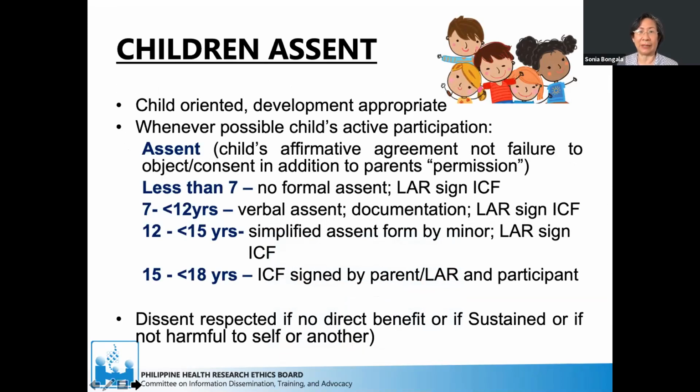If less than 7, hindi na formal assent. Yun na lang parents or LAR ang pwedeng mag-sign. Pero less than 7, pag ayaw ng bata, halimbawa, lalo na pag may injection, ganon, or any therapeutic intervention, pag naglupas yan at ayaw, hindi pipilitin.